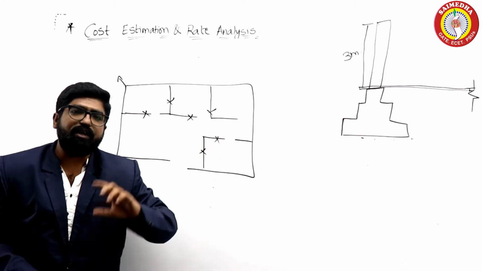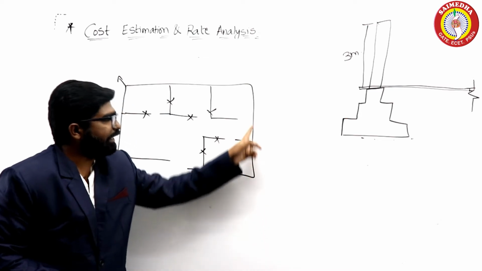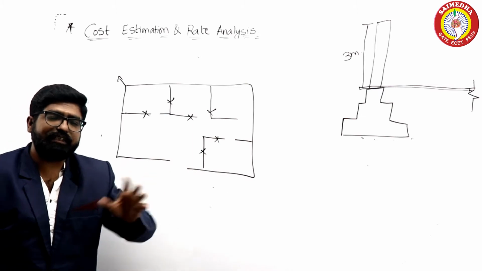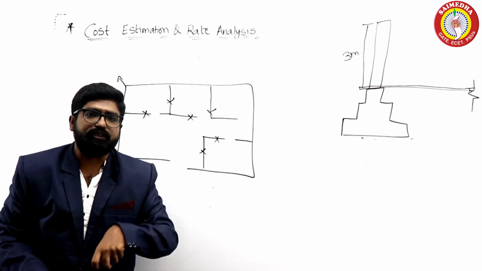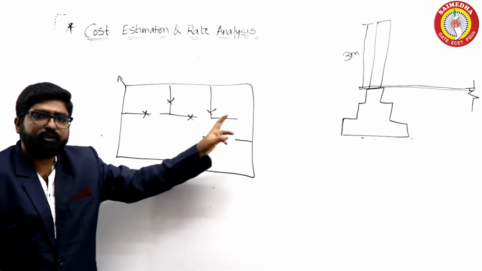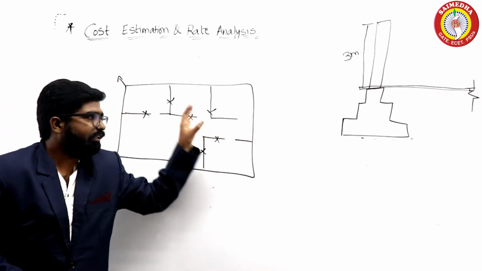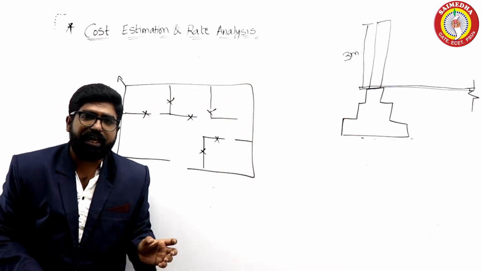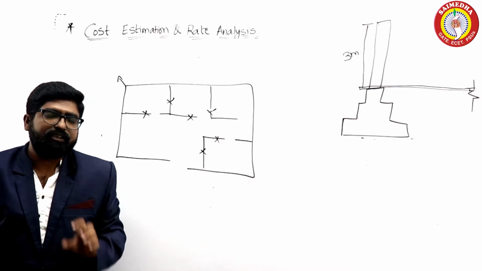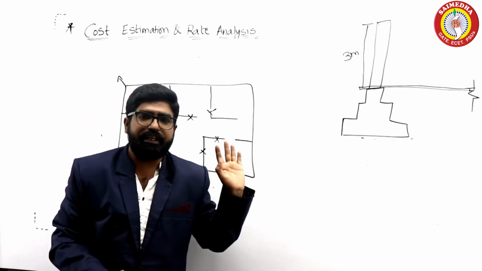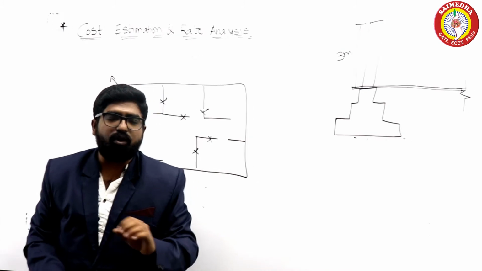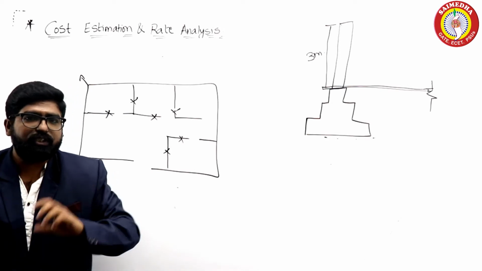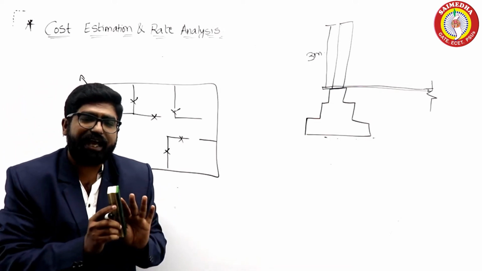So at that time, we will go for the centerline method for the outer walls. Why? Because it will have a constant thickness. But the partition wall thickness will vary from wall to wall sometimes. That's why for the inner walls you try to take the long wall short wall method, and for the outer walls which have uniform thickness, you calculate the volumes by the centerline method. So the best method used by all the engineering departments in India is a combination of the centerline method and the long wall short wall method, right? So these are the accurate methods to calculate the volumes.